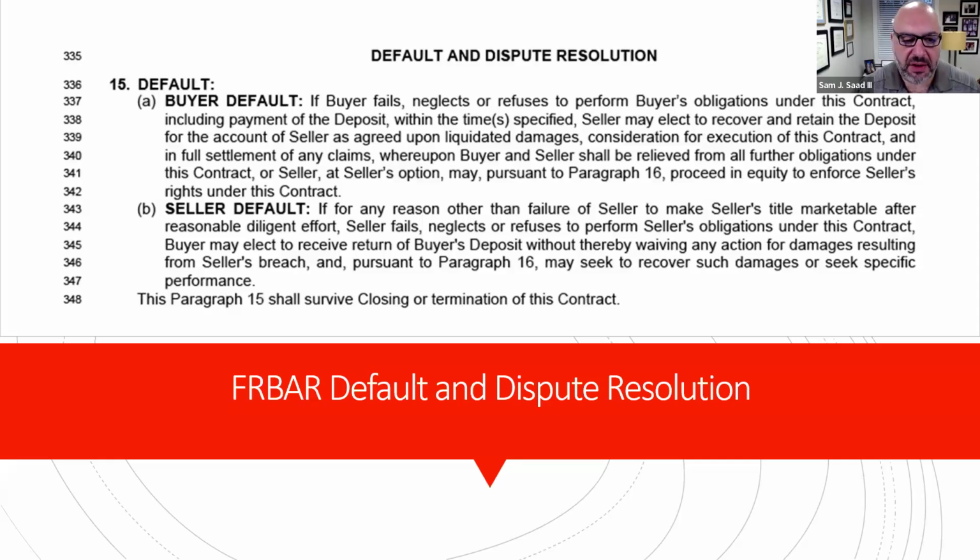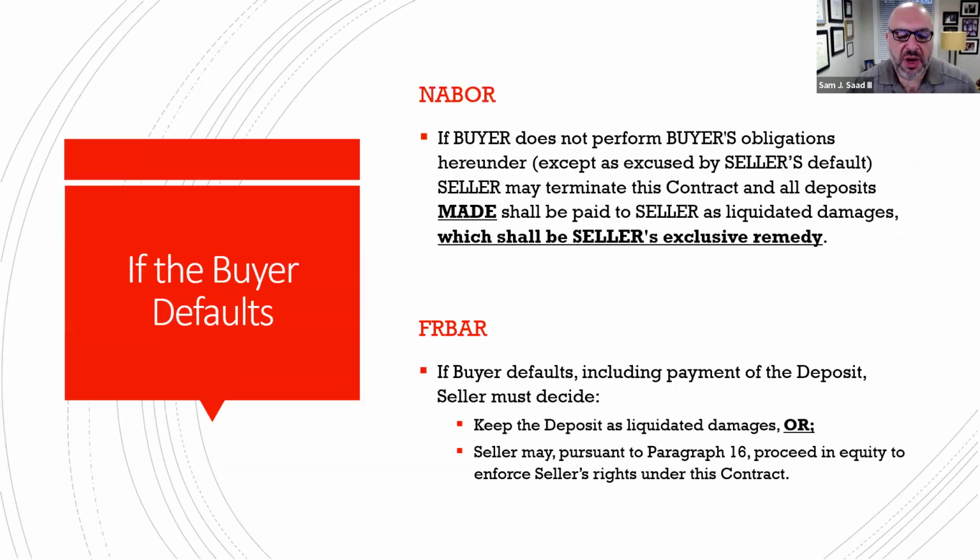Let's break these down. So in NABOR, if the buyer defaults, if the buyer does not perform buyer's obligations hereunder, that's the contract, except excused by seller's default, seller may terminate this contract and all deposits made shall be paid to the seller as liquidated damages, which shall be seller's exclusive remedy.